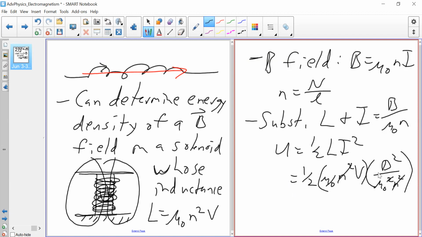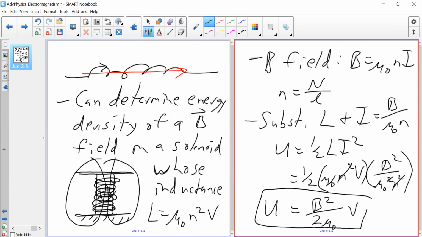And then, of course, we get B squared V over 2 mu naught. So this would be the energy of a solenoid using some substitutions. So still another way of expressing this is the energy of the inductor.